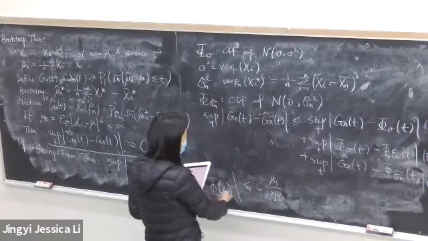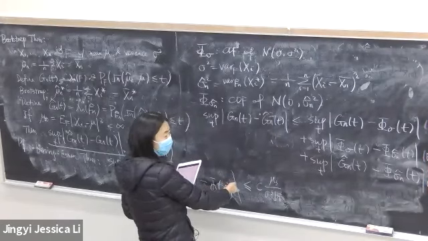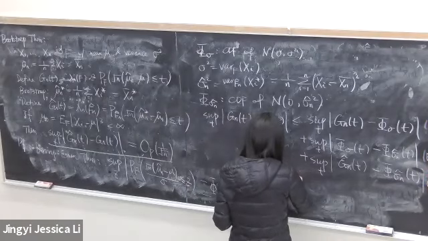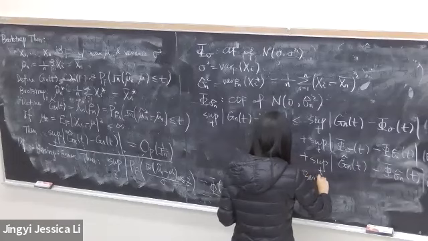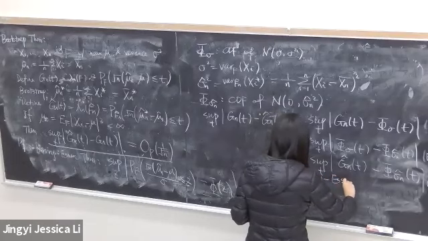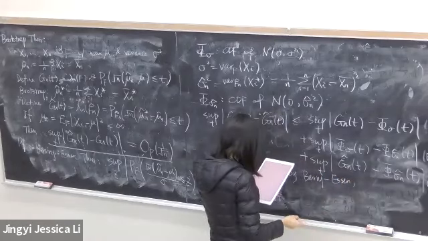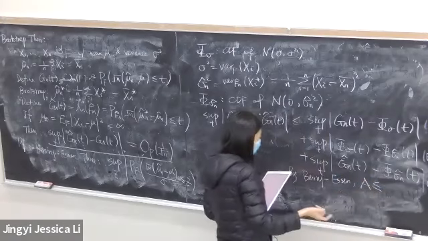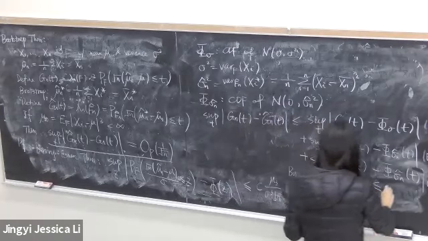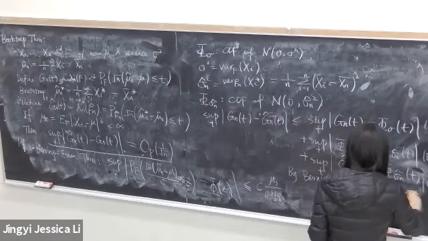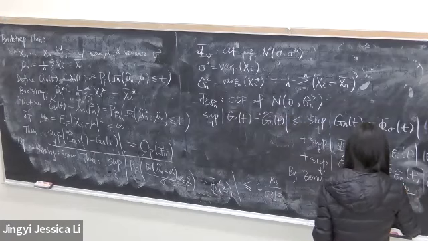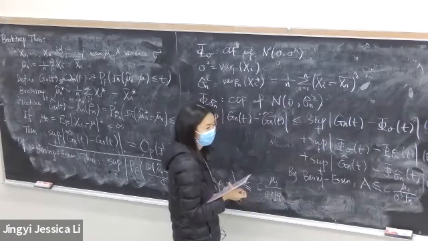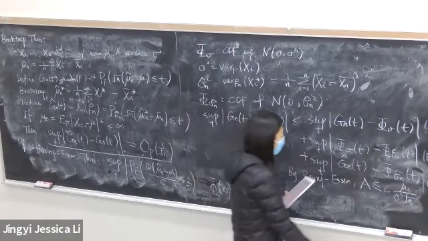So by Berry-Esseen, which is a direct application of it, one thing we can show is A will be less or equal than C, the same constant, times mu3 over sigma cubed root n. We have this for A, direct application of Berry-Esseen.